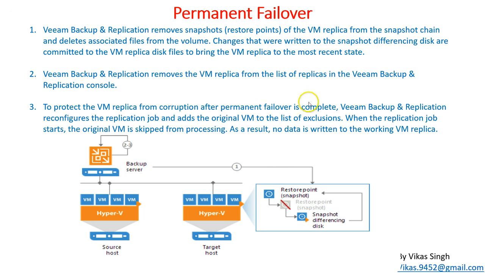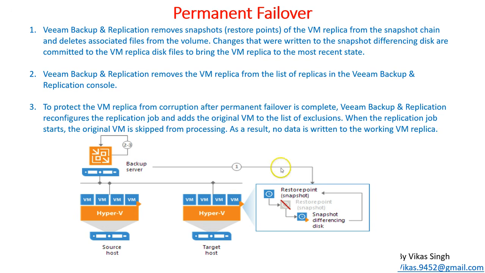Once the virtual machine is added to exclusion, it's not going to participate in the replication job, and the original VM is skipped from processing. As a result, no data is written to the working VM replica.